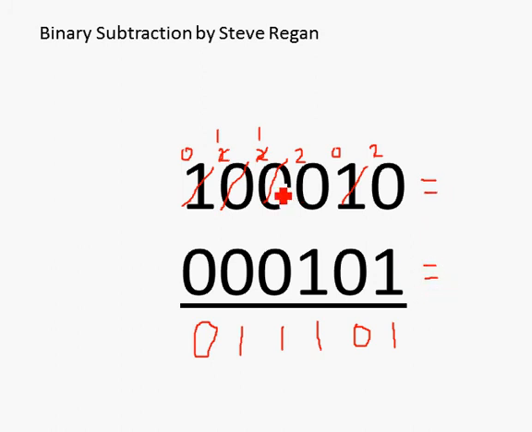So this one would be 1, 2, 4, 8, 16, and 32. So that would be 32 plus 2 equals 34.